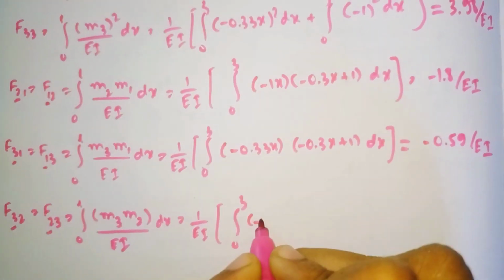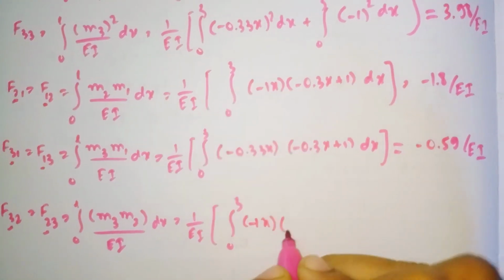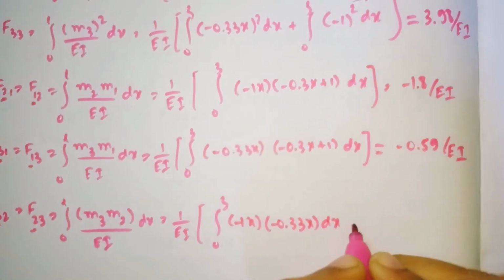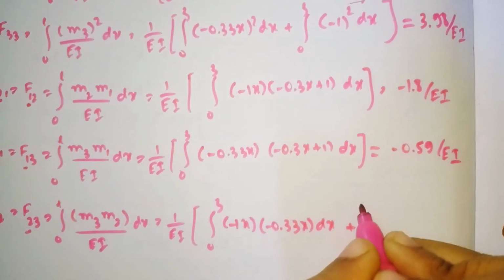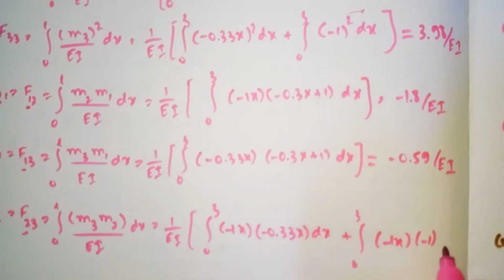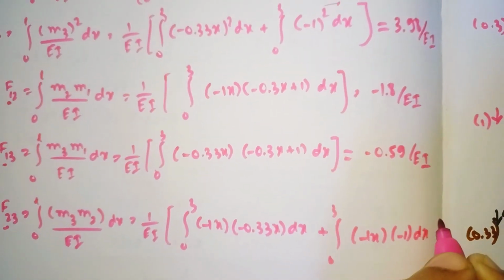So we need to integrate it separately. Minus 1x into minus 0.33x dx, plus integration of 0 to 3 into minus 1x into minus 1 dx. So now solve it.